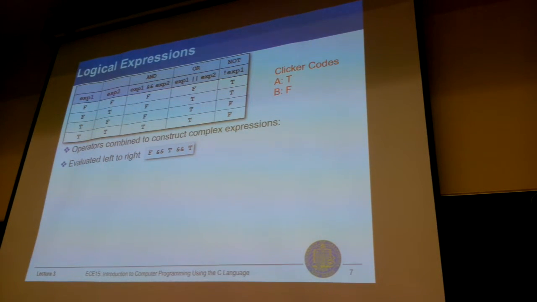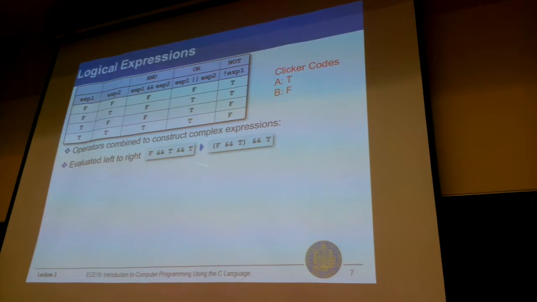Is it true or false? Okay, good. This one should be pretty straightforward. But the way it would get evaluated, just to go through the steps, is we evaluate the first and then take the value of this expression and apply it to the second and, right? The first one would evaluate to false, and then we have false and true, which is false.